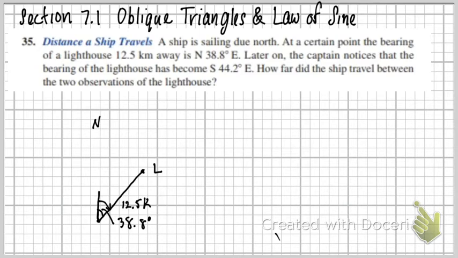Okay. All right, so now I'm traveling forward. So that's going to be 38.8 degrees. And as I'm traveling, and I check later on, then I see, hang on, now I'm here.